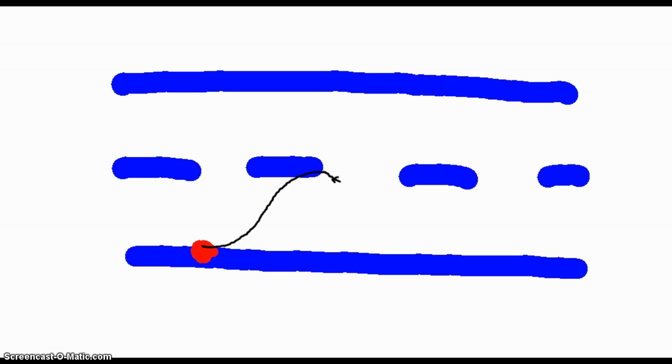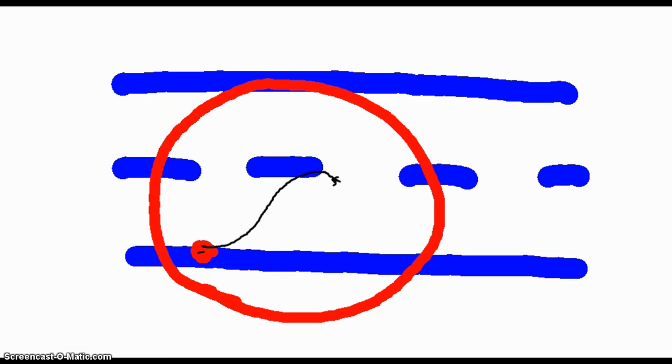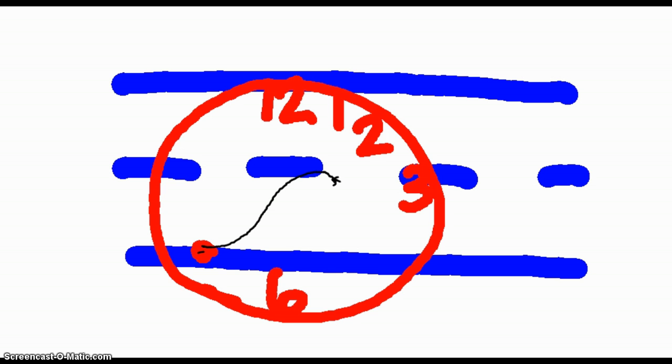So after we point at the grass line and glide up to the plane line, then we stop around 2 o'clock. If we imagine this was a clock, 12 o'clock, 6 o'clock would be here, 3 o'clock would be here, 1 and 2. So you can see that I kind of stopped right around 2 o'clock on my letter A.